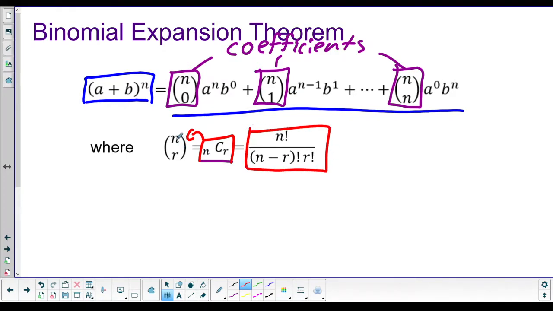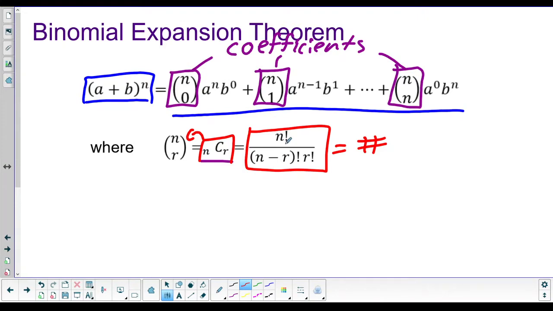So if we know n and r, and they're just going to tell them to us, we just throw them into this sweet formula and it'll spit out the number, right? Okay, so don't trip. These are just numbers where we plug in n and r into this formula and it spits it out. Most of the time it's pretty easy.